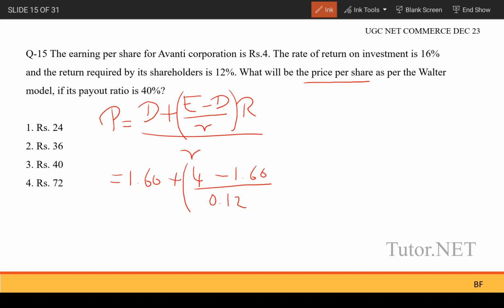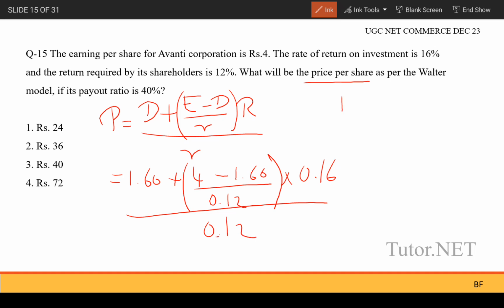This is nothing but the return which is expected by the shareholders, and close the bracket, multiply it by the return on investment, which is 16%, 0.16, whole divided by the small r, which is 0.12.